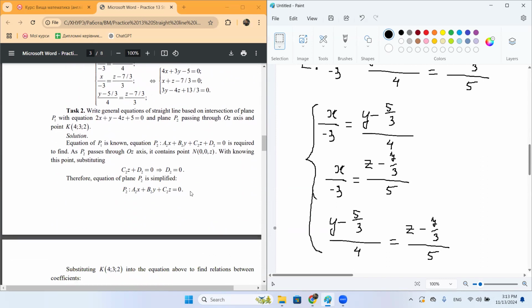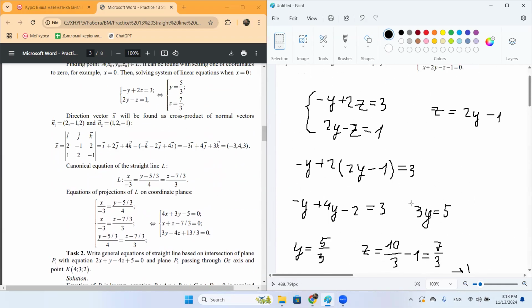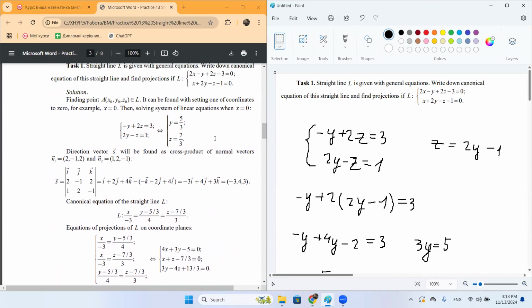So now, maybe you have some questions about this task. Can you scroll up, please? And you just reduce x or you multiply something by 2, yes? Here, I set the x coordinate as 0, and then what remains is this part of the equation, and then I solve just these two equations.